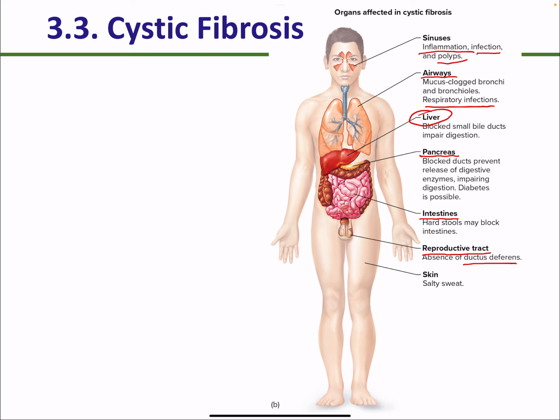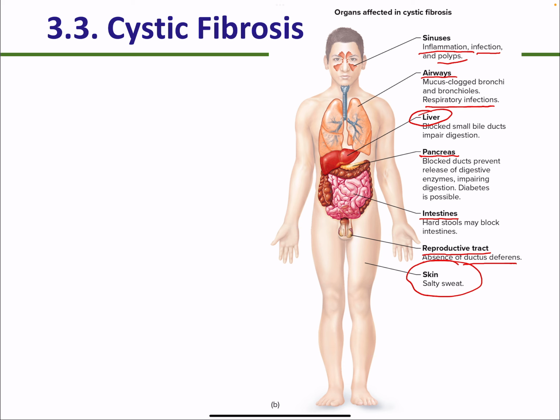Now, if the vas deferens is obstructed, you are not going to be able to release sperm cells. Therefore, the individual with cystic fibrosis may have a limited possibility for fertility when they are male. And finally, but not least, you have a salty sweat that occurs in individuals with cystic fibrosis.